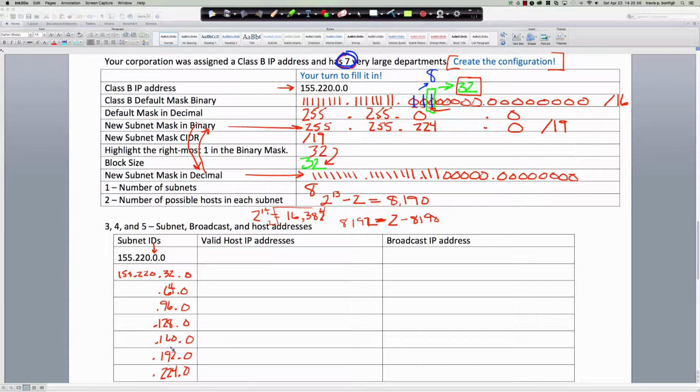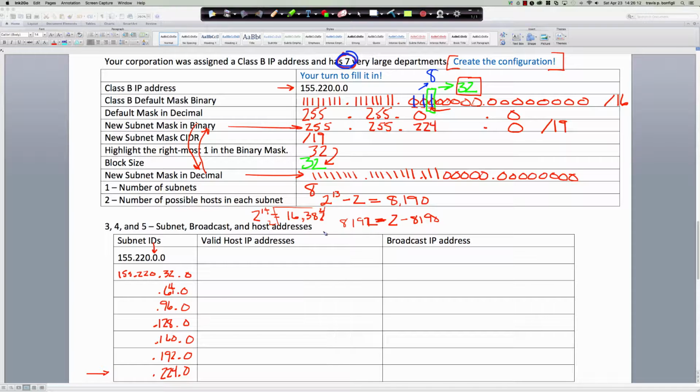Now that's the 7 we've been asked for, but 1, 2, 3, 4, 5, 6, 7, 8. Good. So that's the 7 we've been asked for, and we've got this additional one right here which is going to be used at a later date.